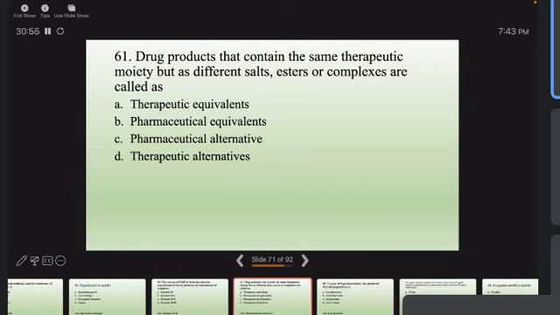Here, what do we have? We have salt, ester, complexes. That means it is still in the pharmaceutical realm. It has not gone to therapeutics yet. They are asking the question still in the chemical form itself. So now we rule it out to pharmaceutical equivalent and pharmaceutical alternative. So what may be the answer?